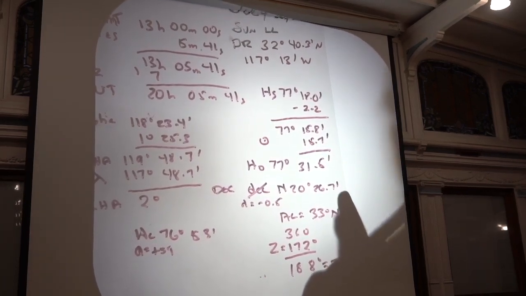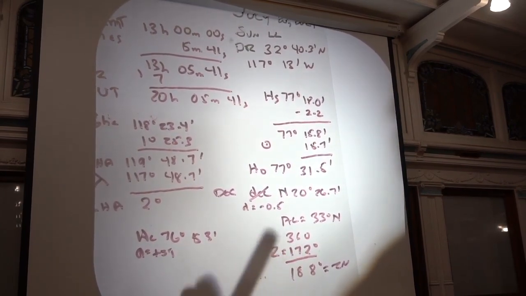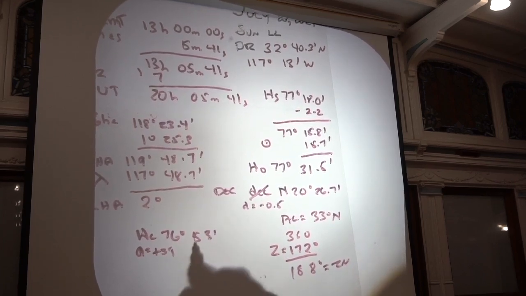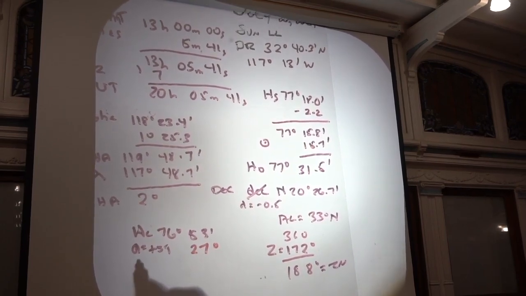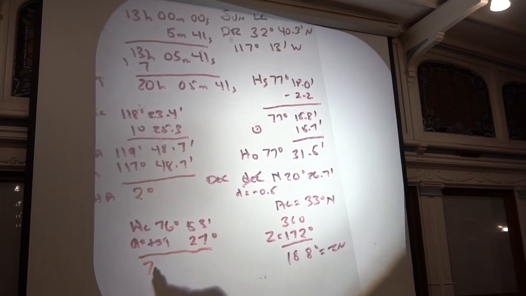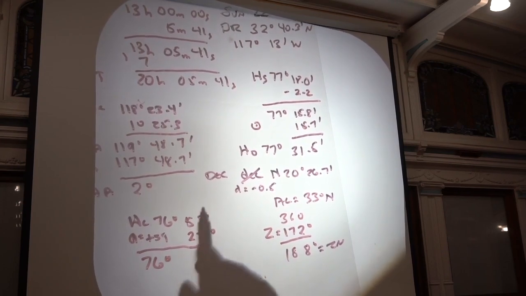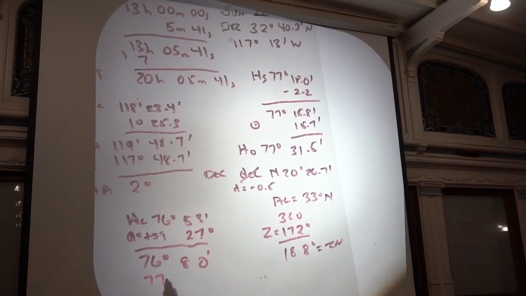So we've got 27 cross-indexed with 59, and it's plus 27. So you end up with an HC of 76 degrees, 80 minutes, which is the same as 77 degrees, 20 minutes.